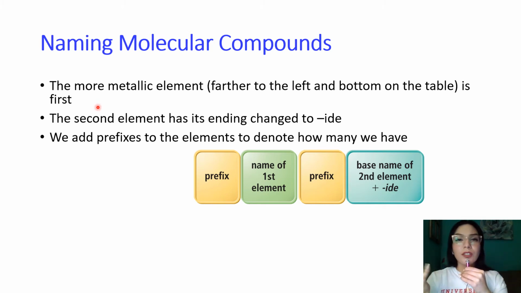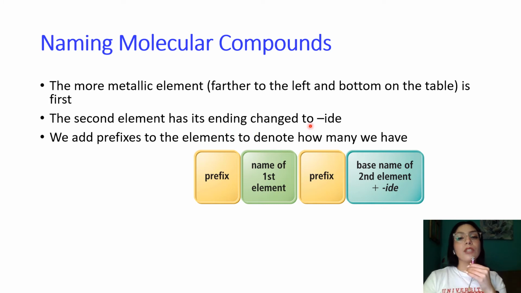So how do we determine what's more metallic if they're nonmetals? You're going to look at the periodic table. Whatever is farther to the left and to the bottom, so the bottom left of the periodic table, will be the more metallic element, and that one will go first.